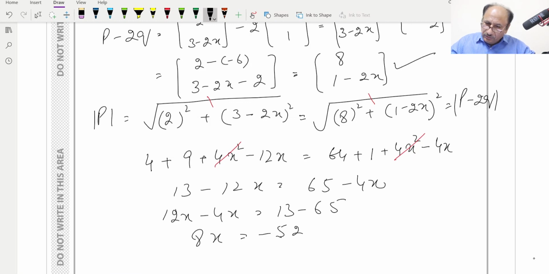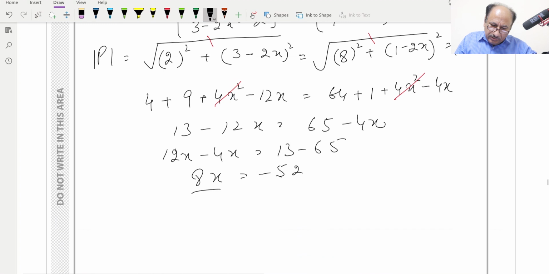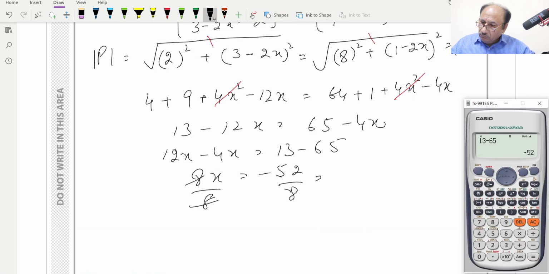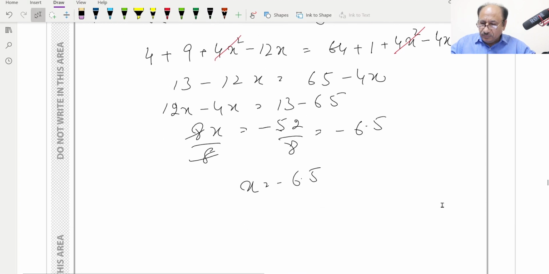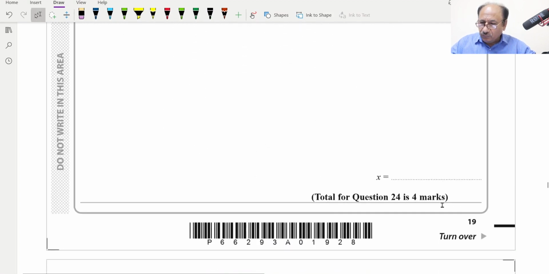And now further we can divide both sides by 8, and this is equal to minus 6.5. So x is equal to minus 6.5. This will be our final answer, which we can provide over here, minus 6.5.